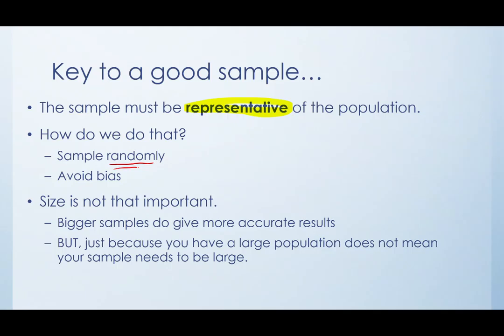So remember, size is not that important. Bigger samples do give us more accurate results, and we'll learn more about that when we talk about inference in chapters 8, 9, and 10. But just because you have a large population does not mean that your sample needs to be large.